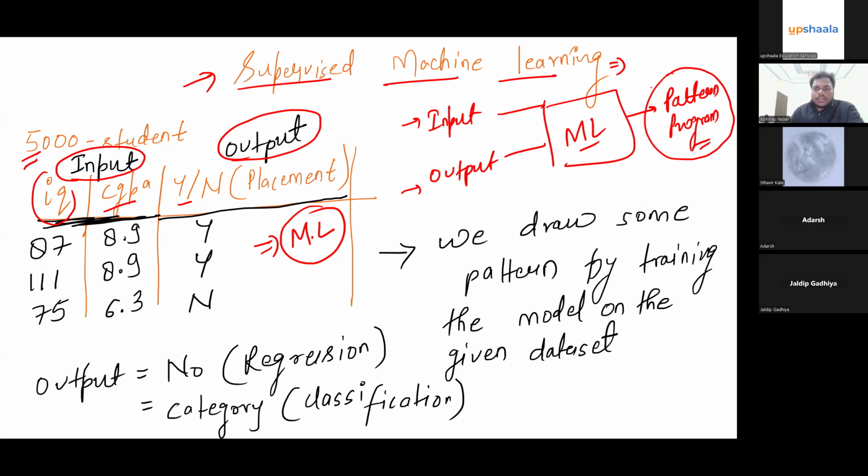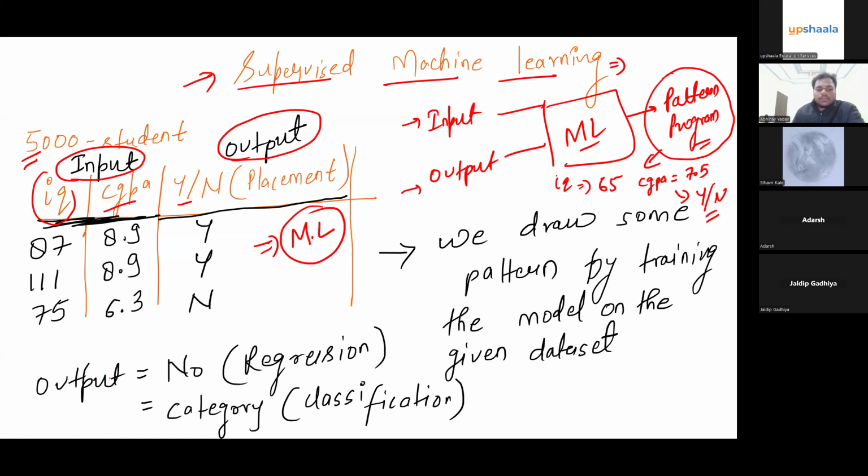Suppose we give new values, where IQ is 65 and CGPA is 7.5. It will generate the new result. It could be yes or it could be no.